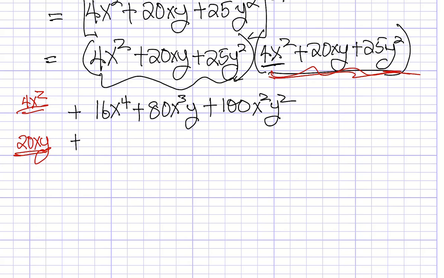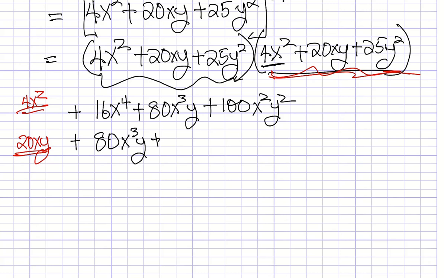Okay, so with the 20xy times that, so 4 times 20, what is that? It's 80. So we get 80. Look at the variables. It will be x raised to power 3 and then y, plus, and then we'll do 20xy times 20xy.